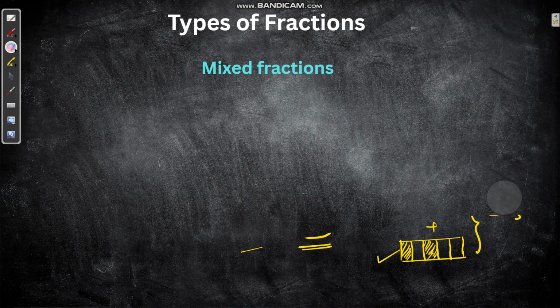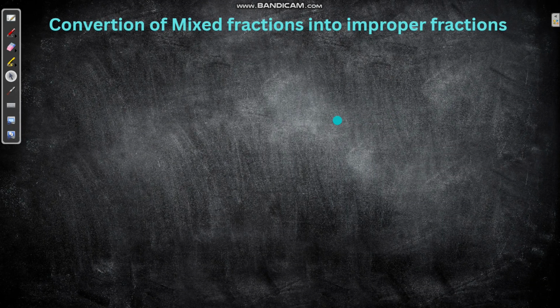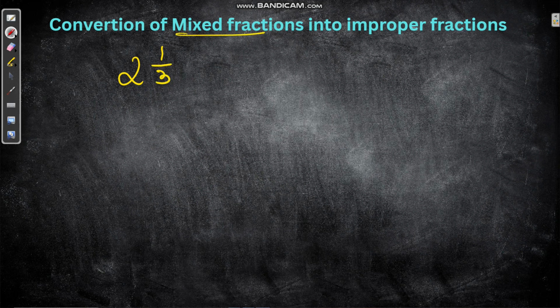Let's move on to the next part, which is important, which is how to convert from mixed fractions into improper fractions. So now let's take one example of a mixed fraction, the same one, that is 2 1 by 3. If you want to convert this mixed fraction into improper fractions, see, improper fractions are those fractions in which the numerator is bigger than the denominator.